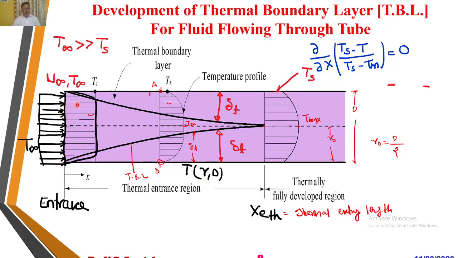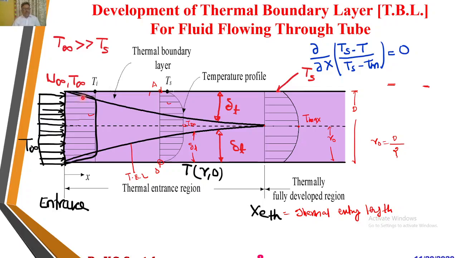But as we move away in the x direction from the inlet of this pipe, the temperature of the fluid in contact with the pipe surface will become equal to the temperature of the pipe surface. That is, temperature of the fluid particle in contact with the surface will be equal to Ts.